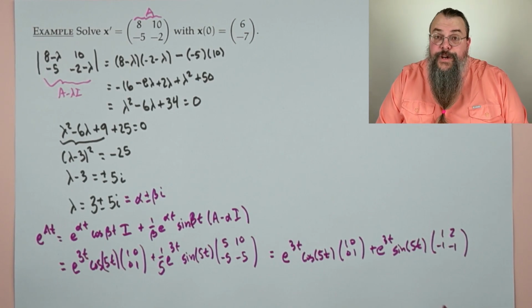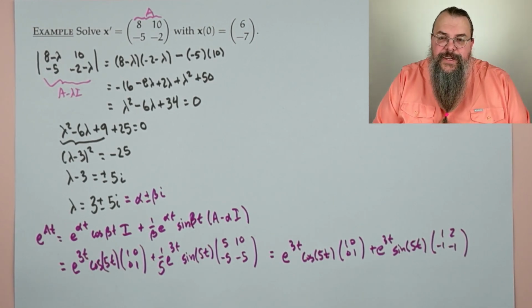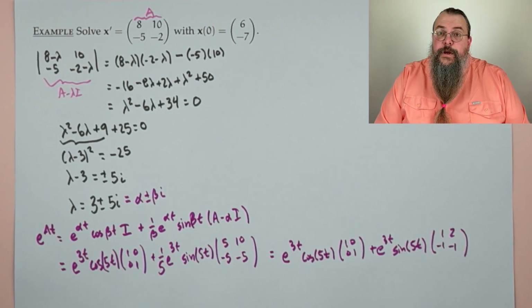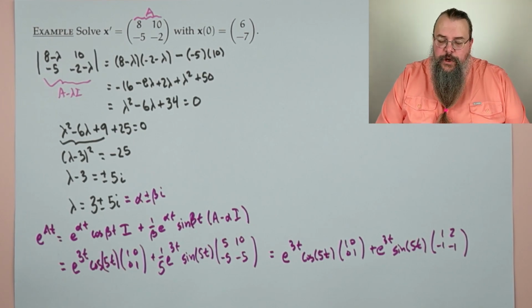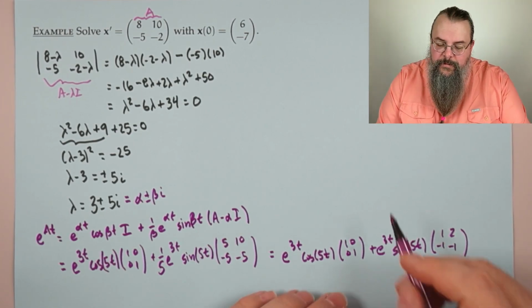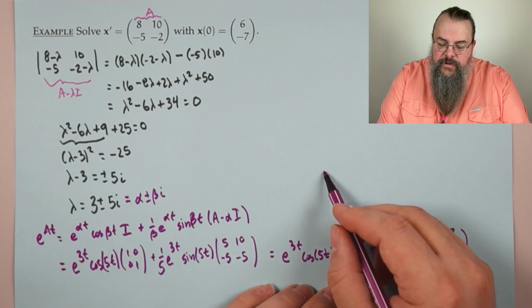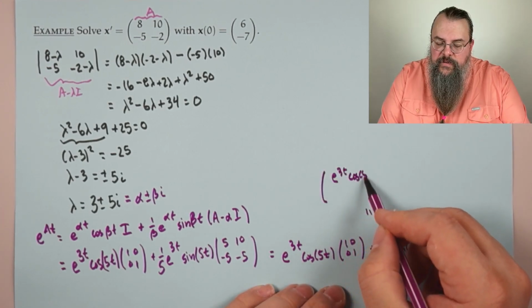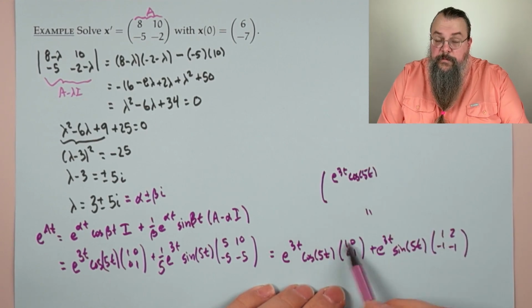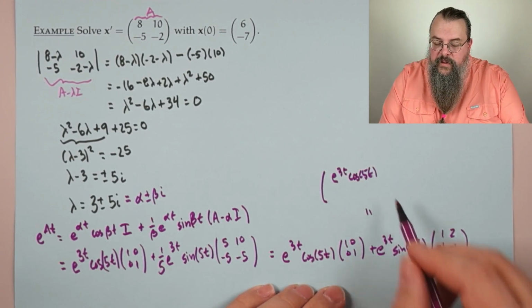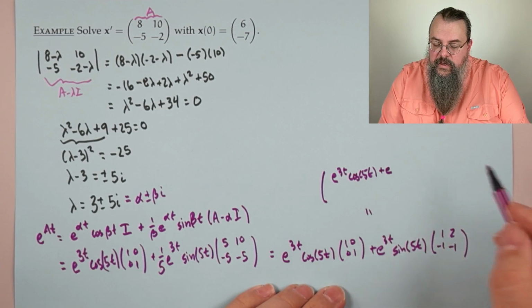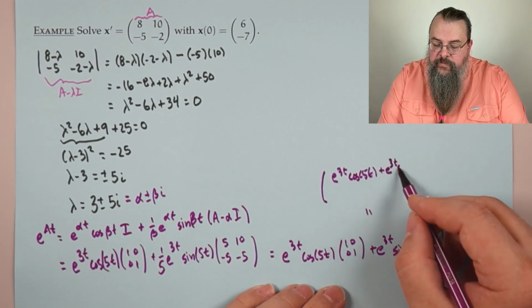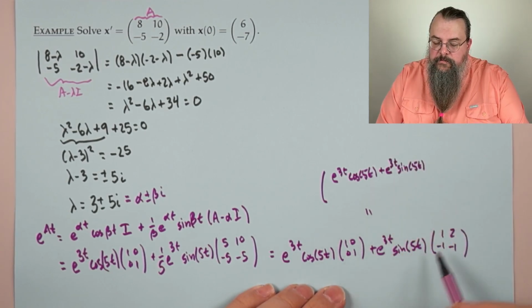And if we wanted to, we'll go ahead and do it. It's not always advantageous, but we could even put this into one matrix. And what would the matrix look like? It'll be e to the 3t cosine 5t plus e to the 3t sine of 5t.